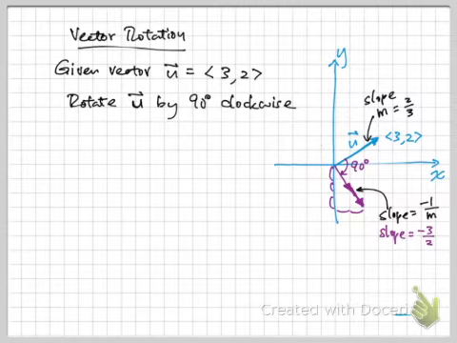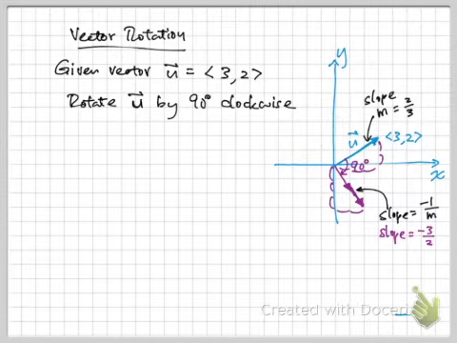The only thing I need to make sure is that the length is the same. Well, since the x and y components are still 3 and 2 respectively, by Pythagorean theorem, the length of u, the one in blue, must be the square root of 3 squared plus 2 squared. And the length of the purple vector is also the square root of 3 squared plus 2 squared.